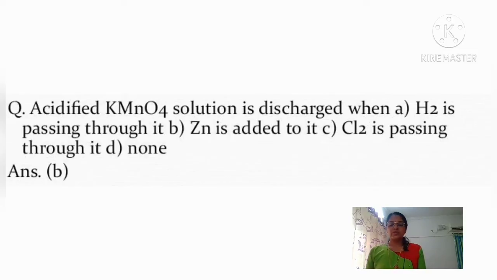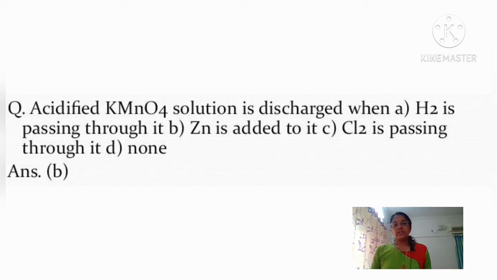Coming to the next question: acidified potassium permanganate solution is discharged when hydrogen is passed through it; second option, zinc is added to it; third, chlorine is passed through it; and D option is none.